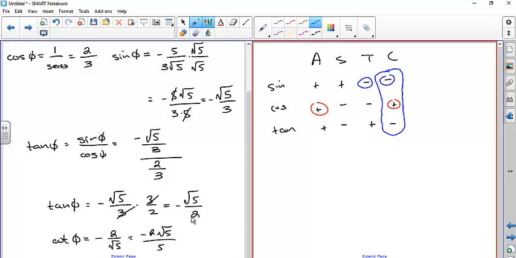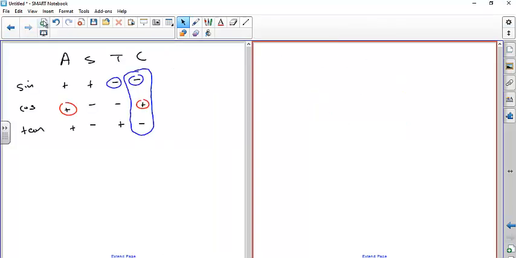It came out automatically. So the identities we're using here are the reciprocal identities and the Pythagorean identities.